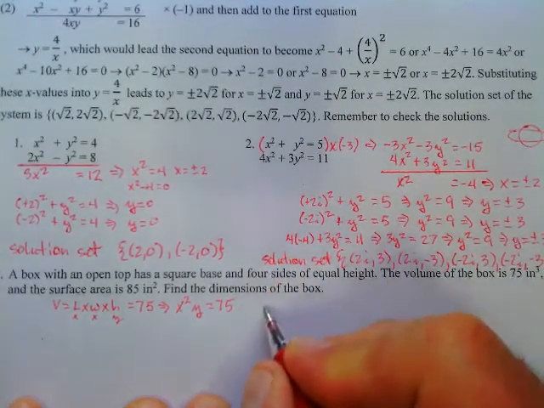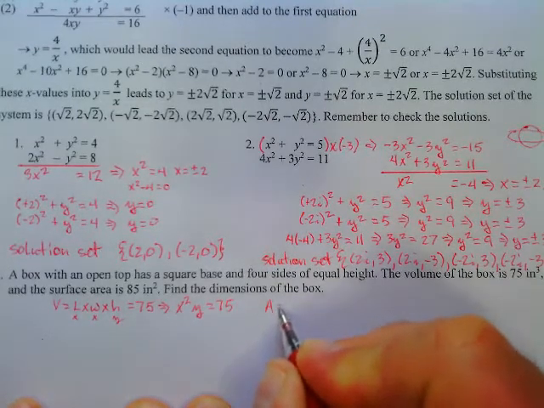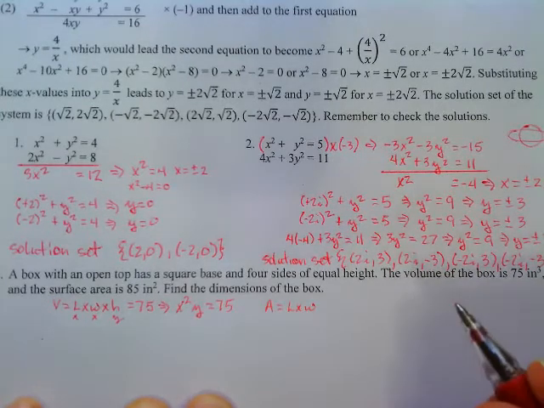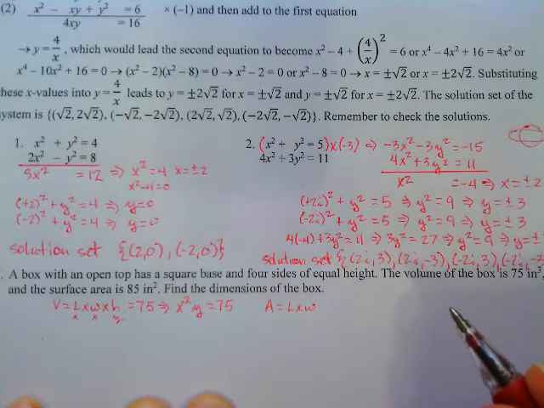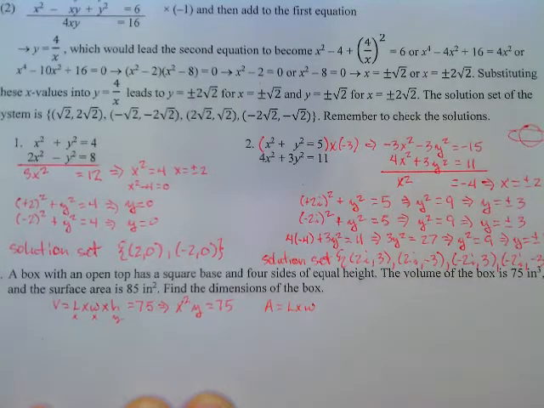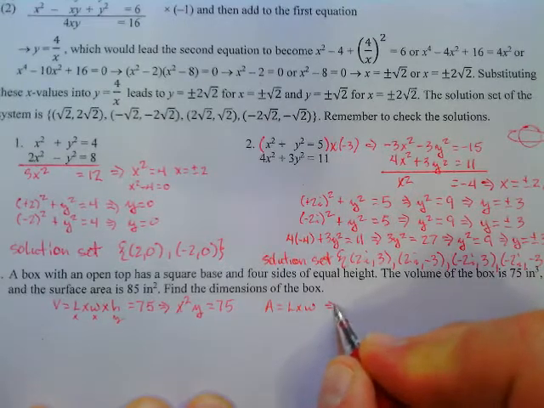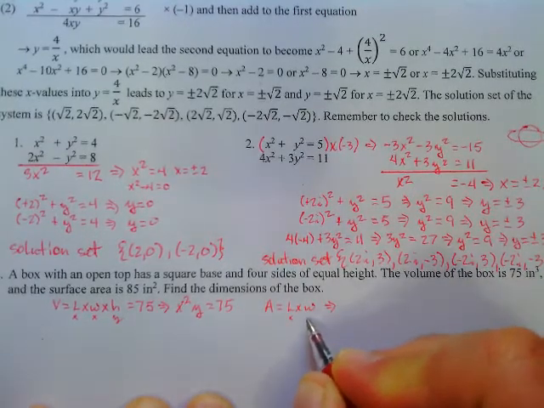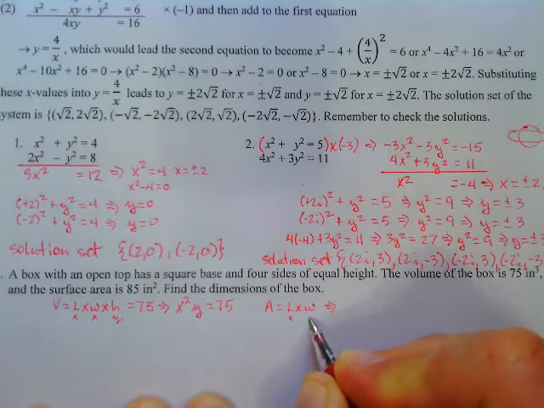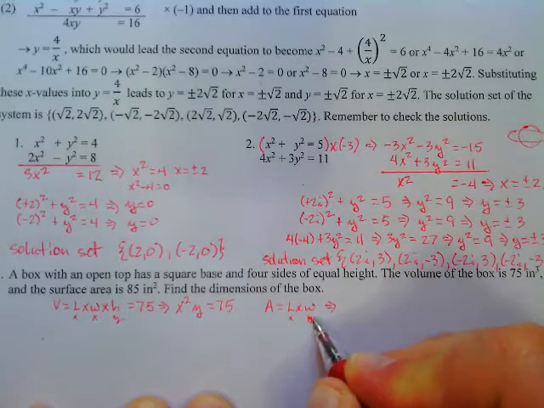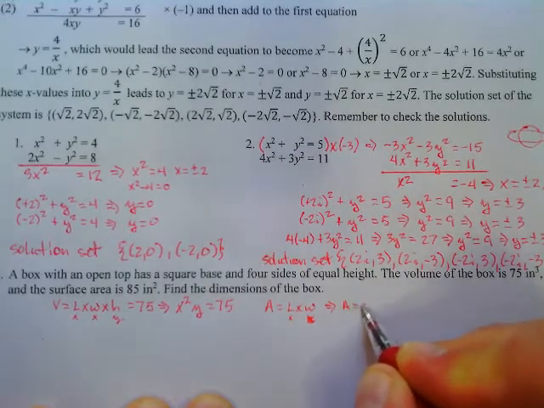Now, we also have an area. An area, of course, is length times width, and this would be for the surface area. Now, for the base, since we've said this is x and this is y, it's a square box, so they're both x, so that would just be A equals x squared.